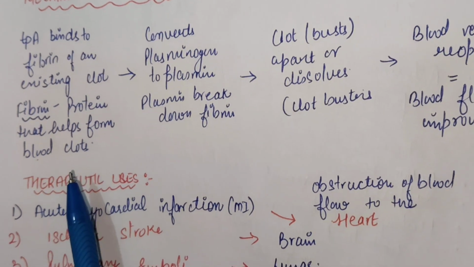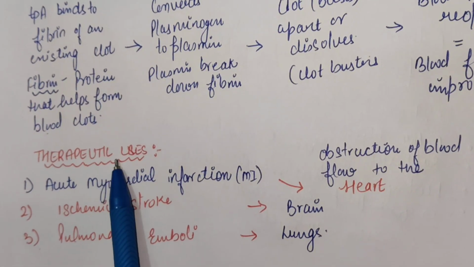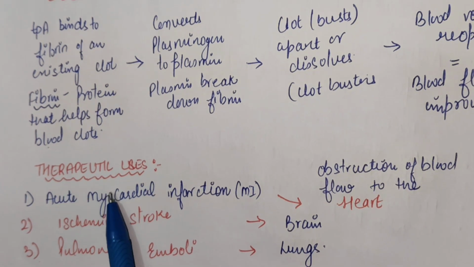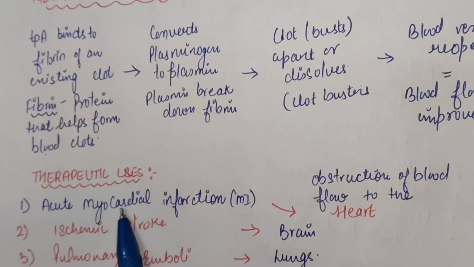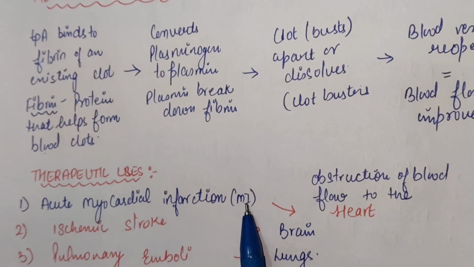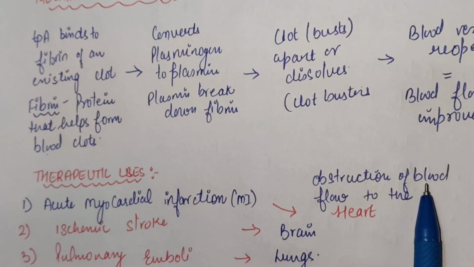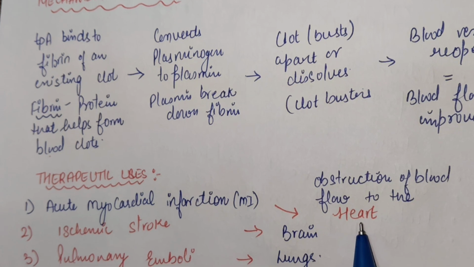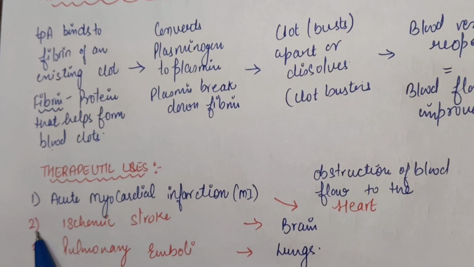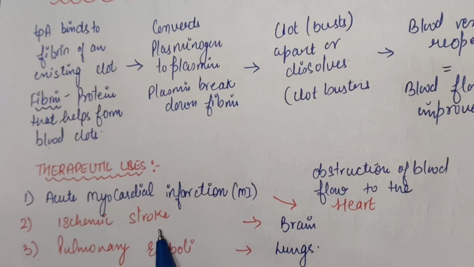Next are the therapeutic uses. The main use of TPA is in acute myocardial infarction, also called MI, which is mainly an obstruction of the blood flow to the heart, and TPA helps in this. Second is ischemic stroke.